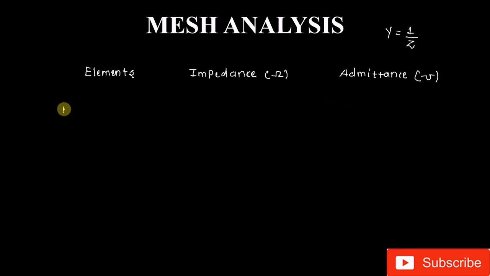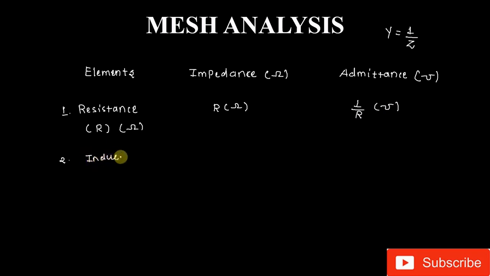The first element we have studied is the resistance, which is represented by symbol R and measured in ohms. Its impedance value is R, and its reciprocal is 1 upon R, with the unit mho. The second we have studied is the inductance or inductor, whose symbol is L, measured in Henry.